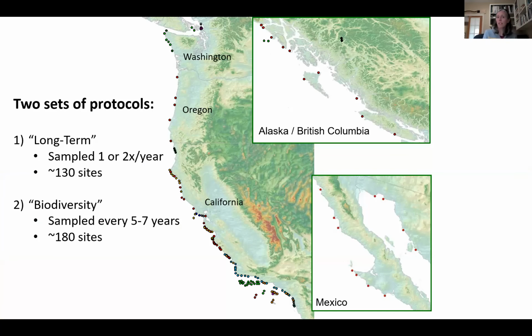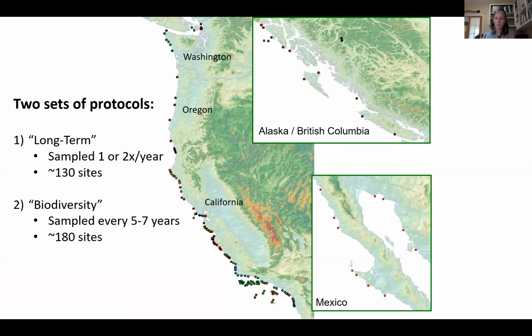I'm not going to give a lot of information about what we do. There's a lot of information on our website, which I'll show people in a few minutes, but this is the span of our sites currently, and we have two major sets of protocols that we use.